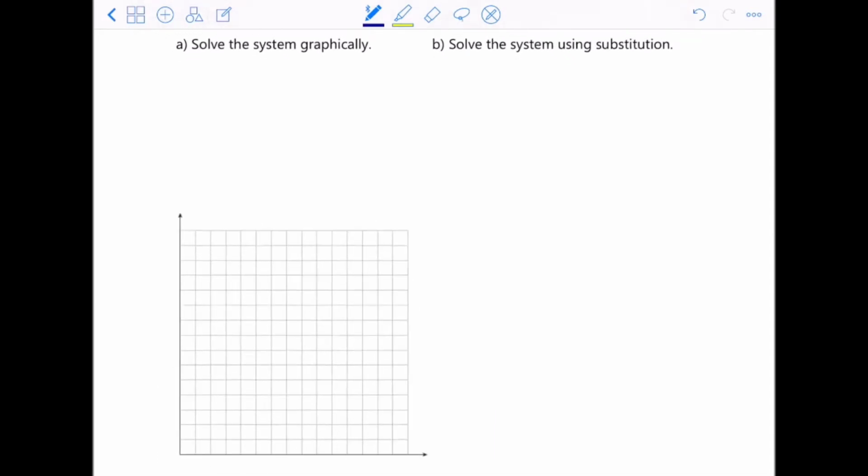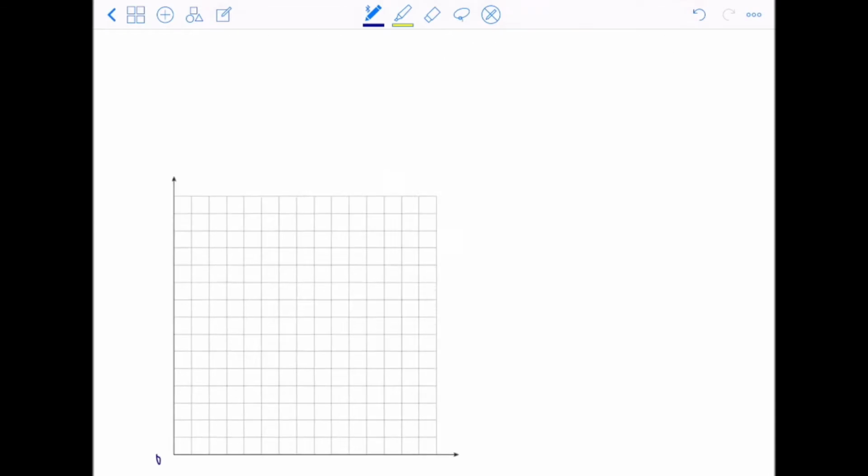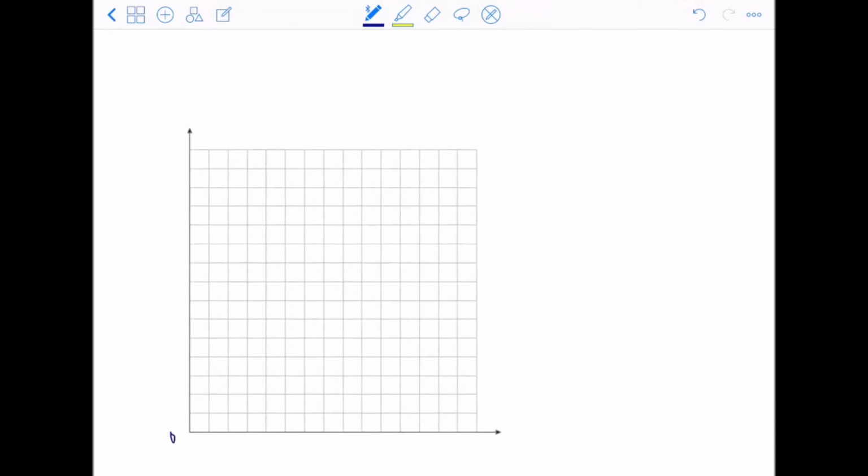We first need to set up the grid. I'll do 0. It goes up by 10. Actually it goes up by 5, so I'm just going to increment every 10s, all the way up to 60, because 60 is the maximum length we can get.